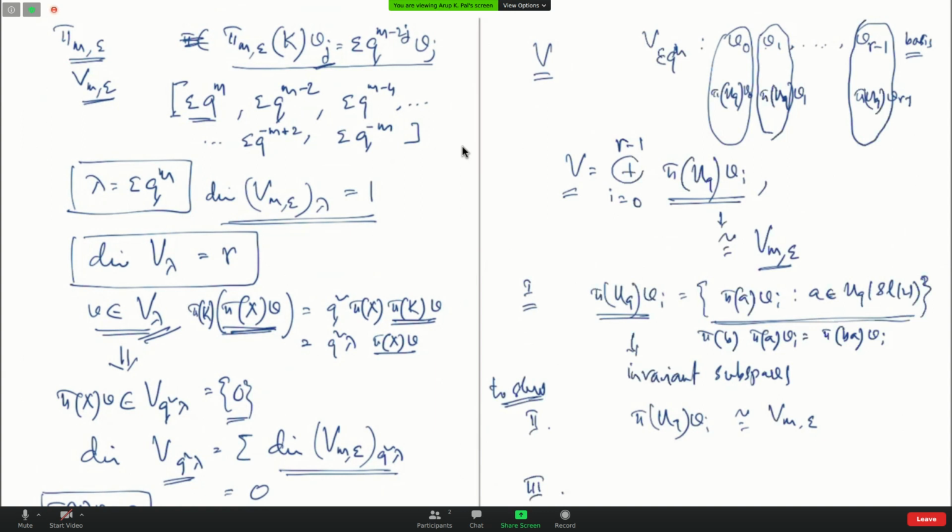So right now, like here I had written this and drew a picture like this. But what we don't know is if we push them by elements in π(a), we don't know that they will be separate. It may so happen that they have intersection, right? So that is the part we have to do. So in fact we need to prove that this is a direct sum of these things.